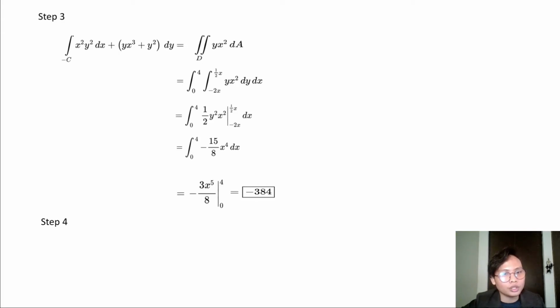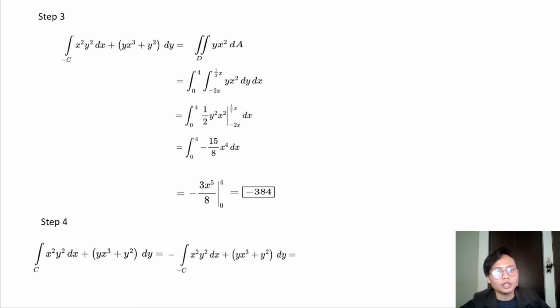Using the relationship between the value of the integral over c and negative c, we know that the value of the integral we were asked to compute is the integral over c of x to the power of 2 y to the power of 2 dx plus open bracket y x to the power of 3 plus y to the power of 2 close bracket dy, equal to negative the integral over negative c of the same expression. It will be 384. So that is the answer.